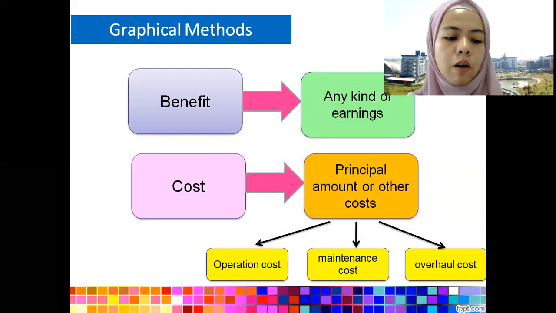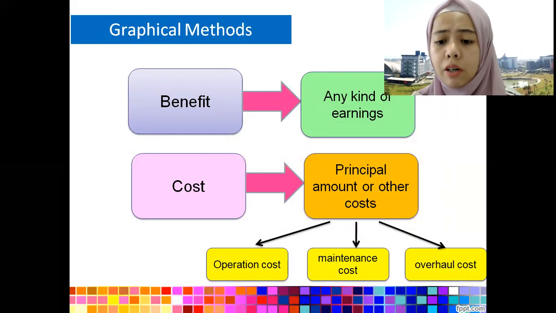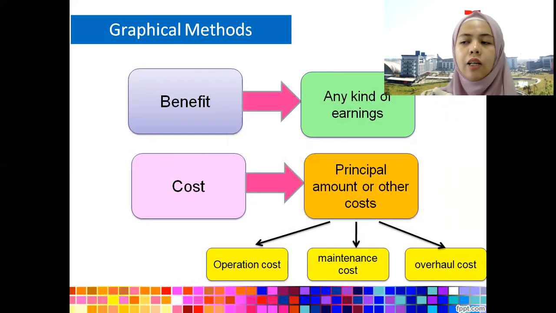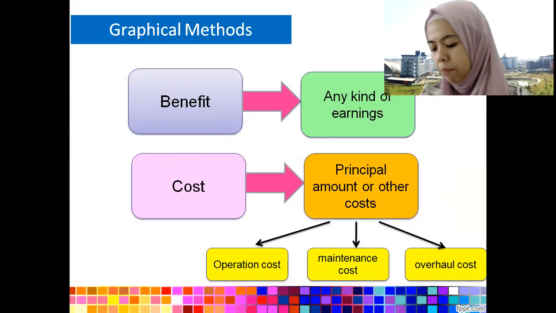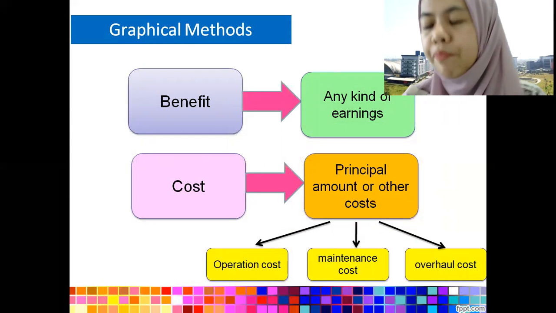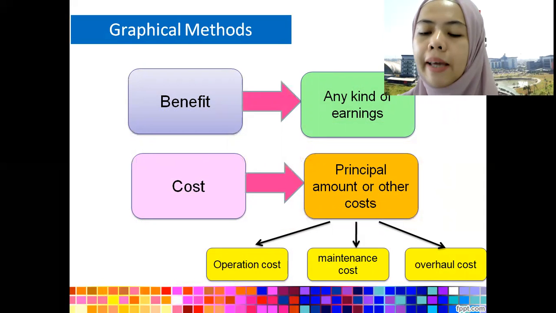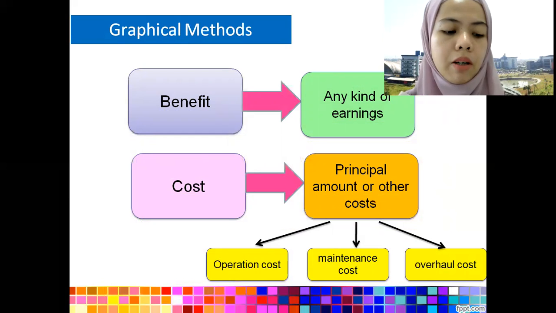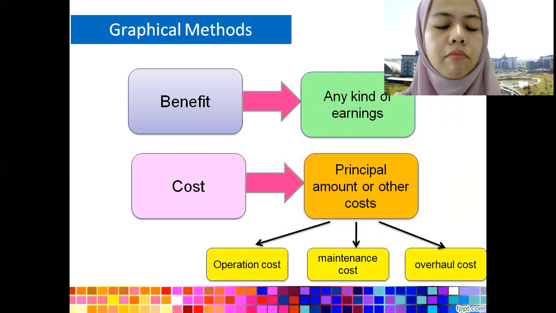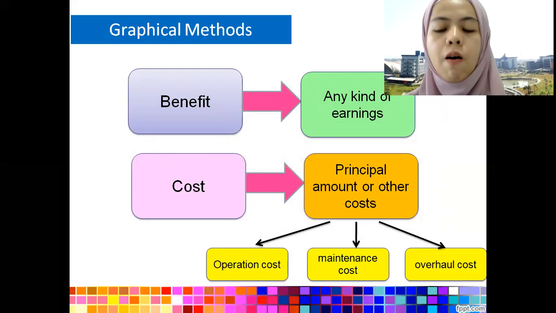And the maintenance cost itself is just like a regular cost also. It's a part of operational cost, but we can't separate it individually because maintenance cost is just to maintain our asset, to keep the good performance.